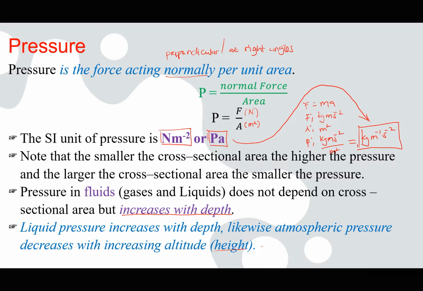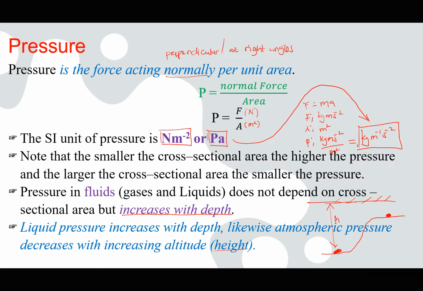If this is the reference point of the clouds, for example, and this is the Earth's surface, the pressure at this point here is going to be higher than the pressure at this point here, because the atmospheric pressure here is due to the air column above this point, which means the H is bigger.